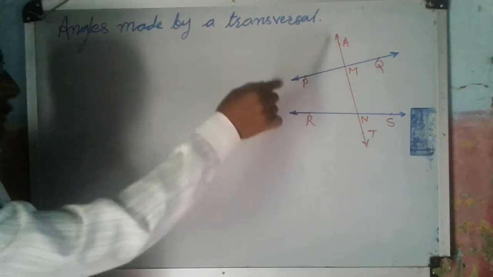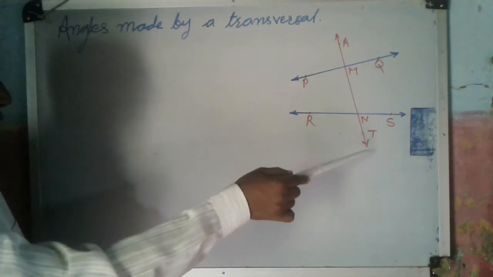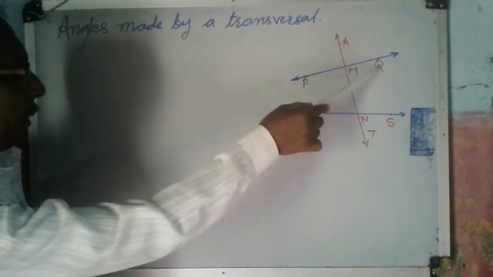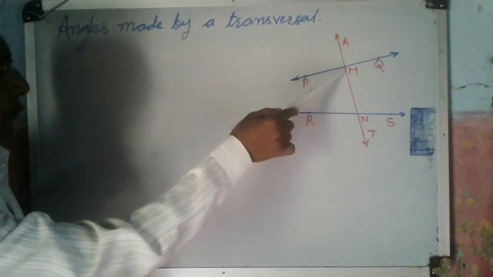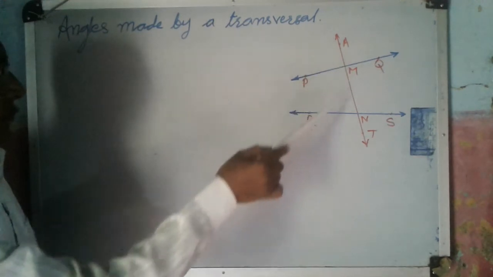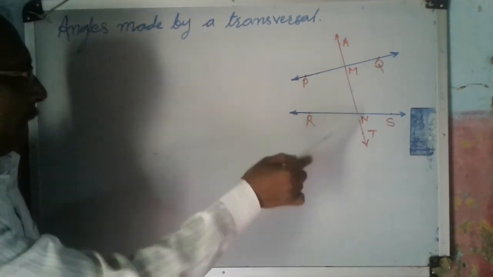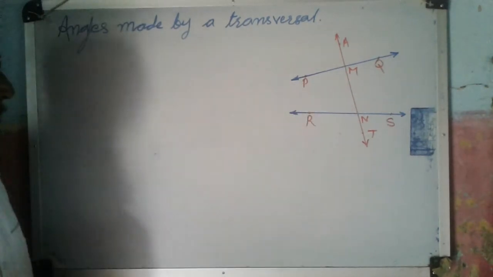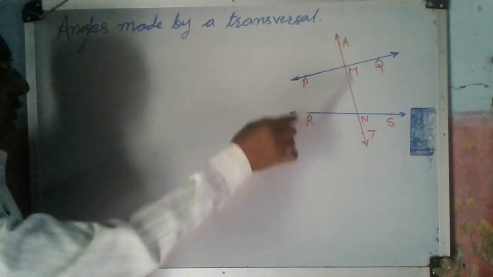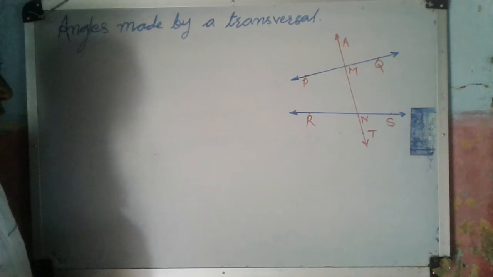That means this transversal AT intersects line PQ at point M and line RS at point N. That means M and N are the points of intersection.